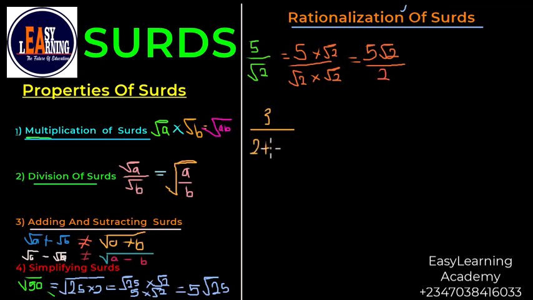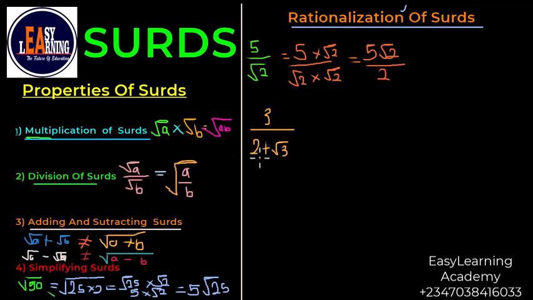All right, this is now a compound surd. Yeah, 2 plus root 3. And we are to rationalize, meaning take away the square root from the denominator.